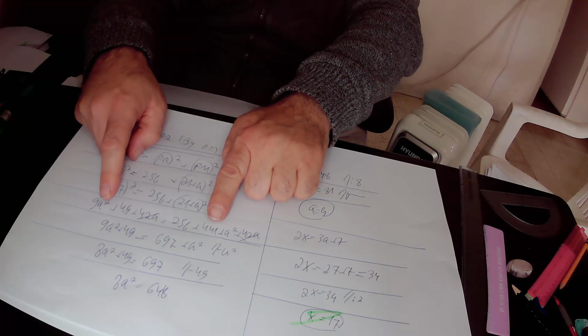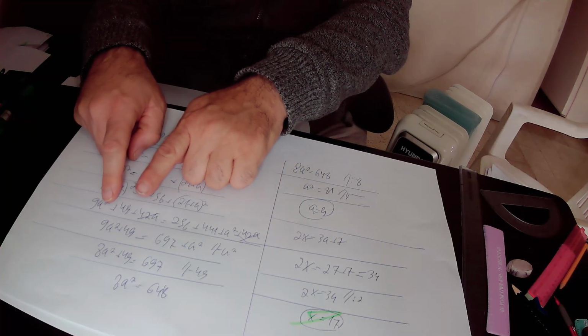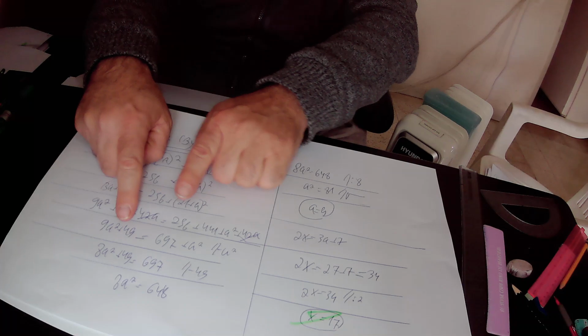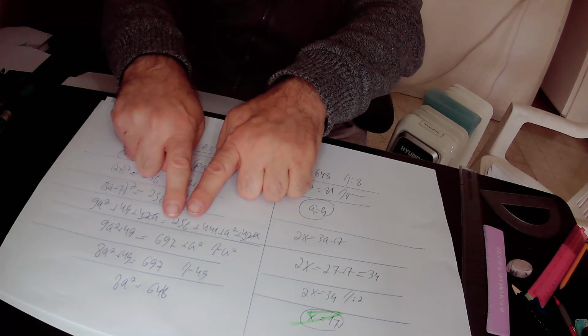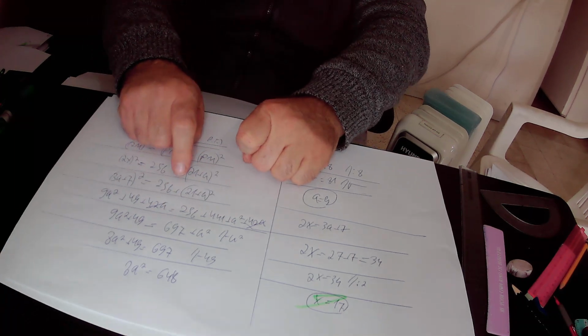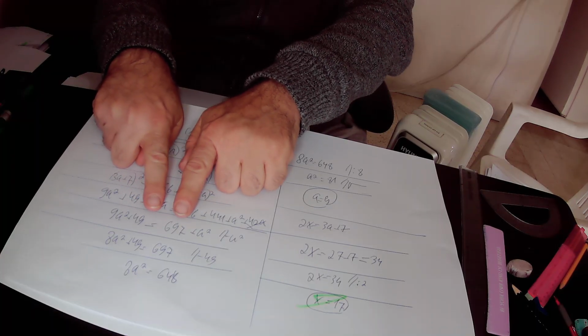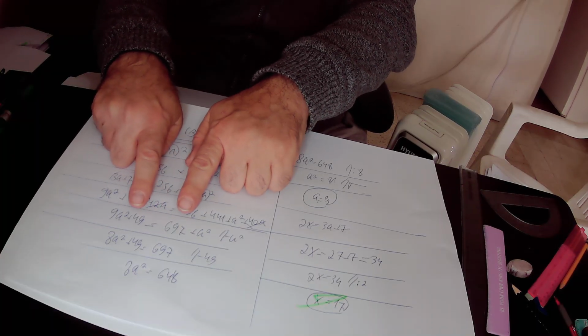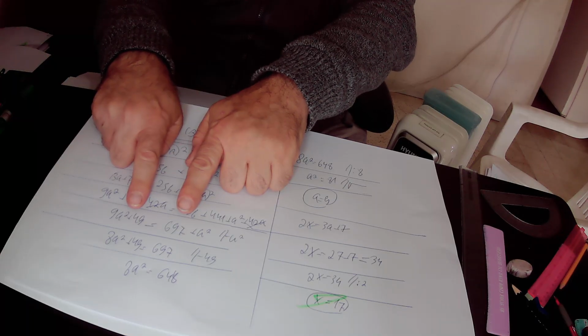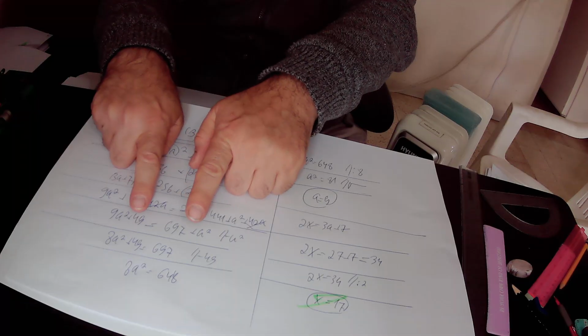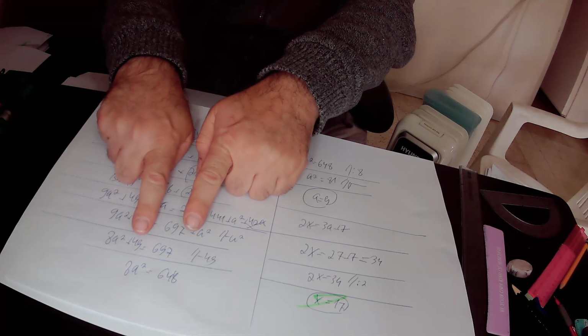Here we subtract a squared from this equation, so 9a squared minus a squared is 8a squared, plus 49 equals 697. So 8a squared plus 49 equals 697. Here we subtracted 49 from this equation, and found out that 8a squared equals 697 minus 49, which is 648. So 8a squared equals 648.